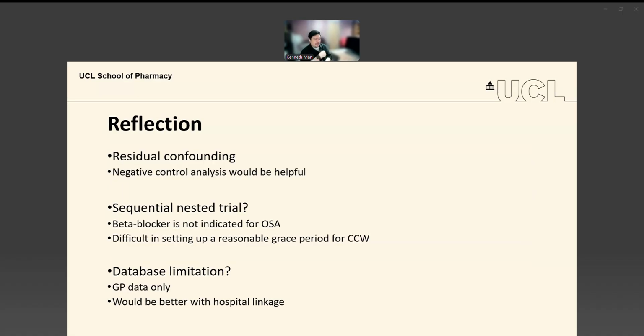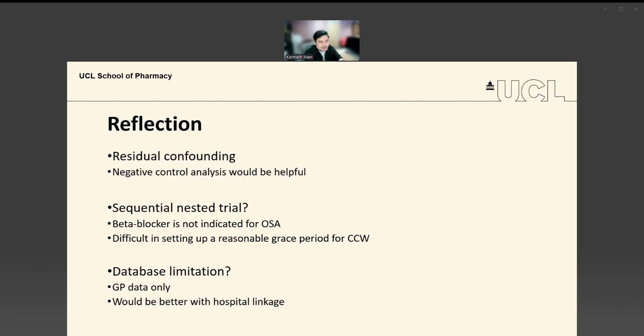This is the first study where I applied the clone-censor-weight approach to a research question. After it was published, I did a little bit of reflection, and there were a few points I think are worthwhile to note. Number one, residual confounding. The clone-censor approach is very helpful in getting rid of immortal time so that you could focus your effort on minimizing confounding.